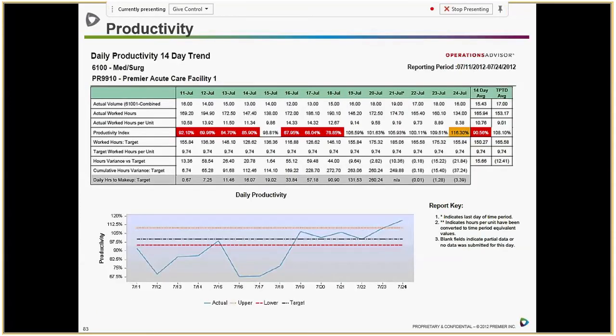So the daily 14-day trend report looks a lot like the Visionware report. You get your typical things: volume, hours, target, variance, productivity score. This report will always be a rolling 14-day report. So you'll see the second to last column is the 14-day average, and the last column is the period to date.